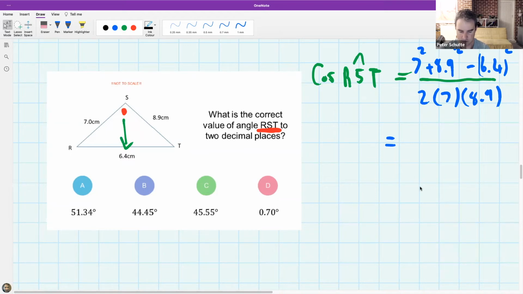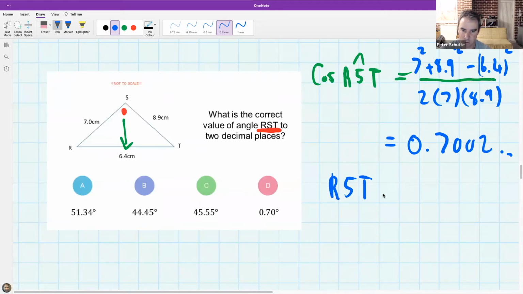Plus 8.9 squared minus 6.4 squared over 2 times 7 times 8.9. And I get quite a messy looking decimal here. It's going to be 0.7002 blah, blah, blah.